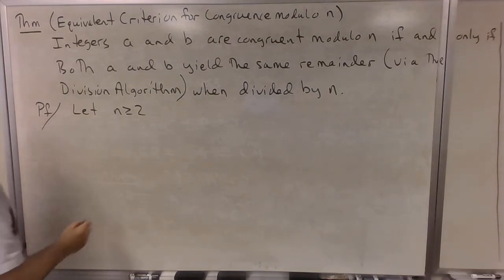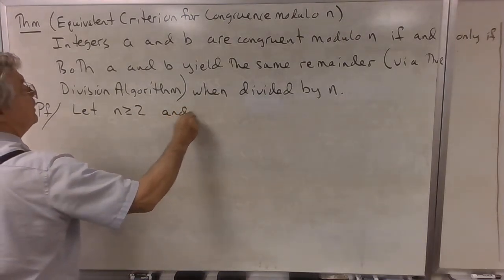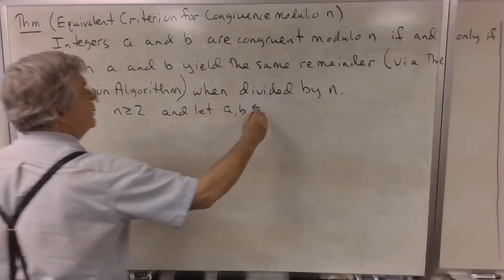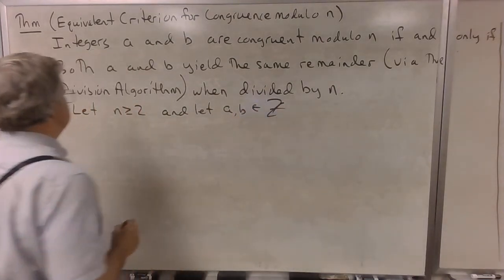So let n be greater than or equal to 2, and let a and b be integers.